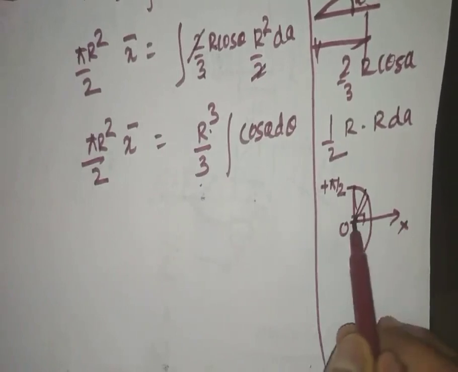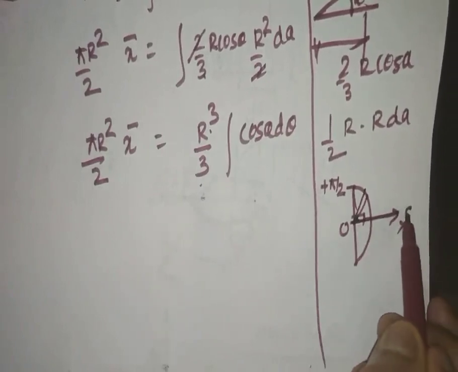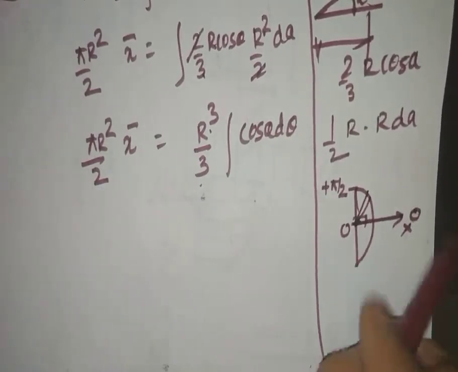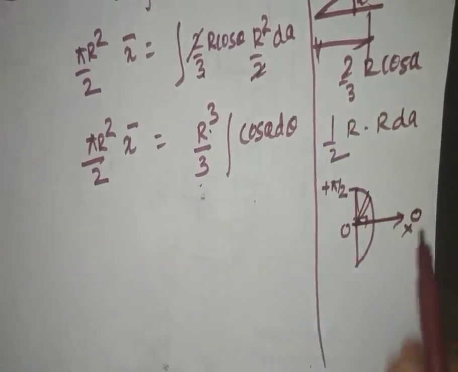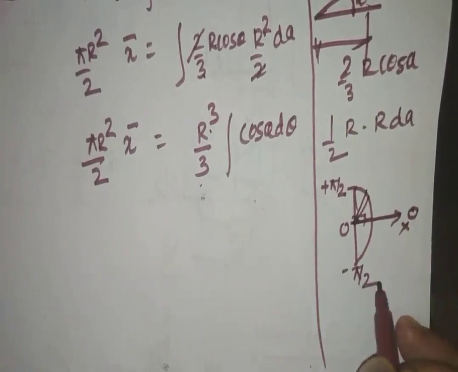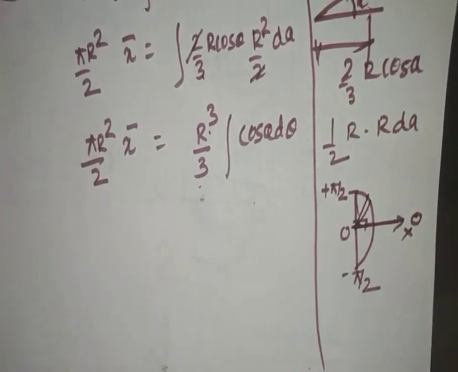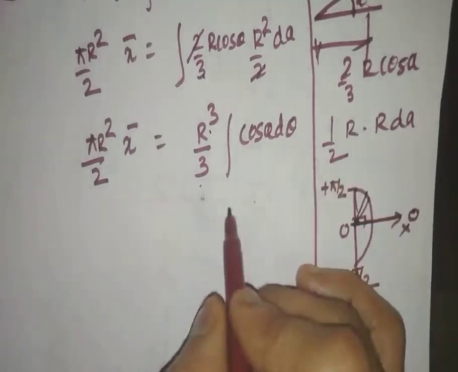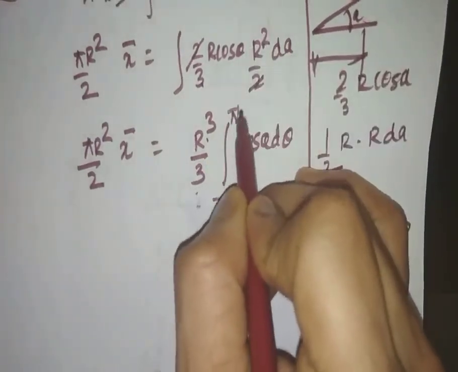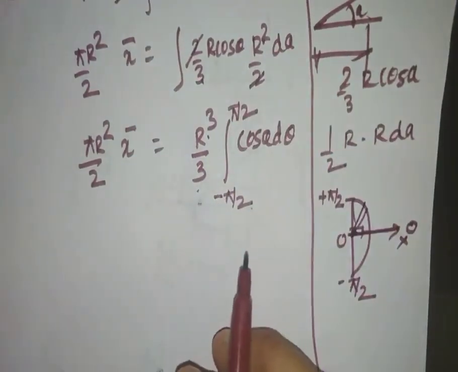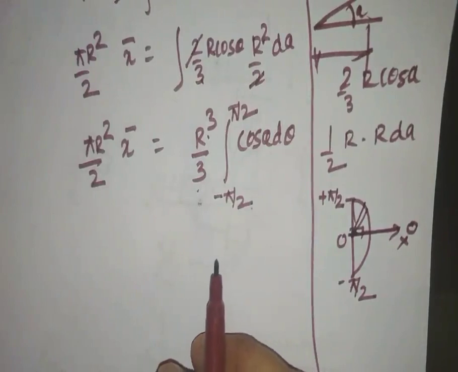When it coincides with the x-axis, it will be 0. When it moves vertically downward, the limit will be minus pi by 2. So the limits of integration that we need to consider are minus pi by 2 to plus pi by 2. So when I substitute here, the lower limit will be minus pi by 2 and the upper limit will be plus pi by 2.